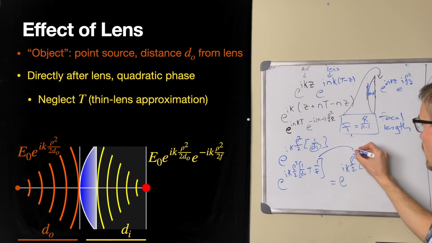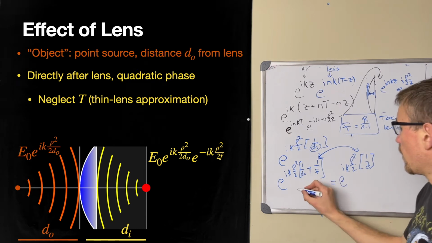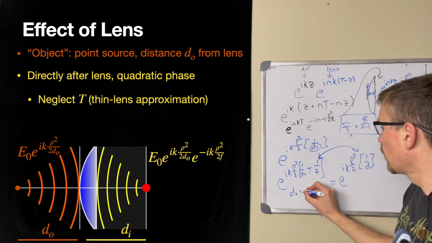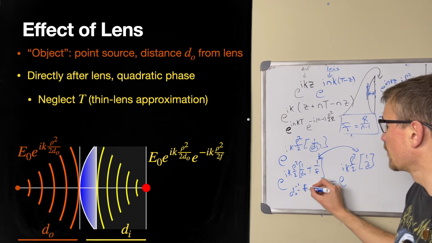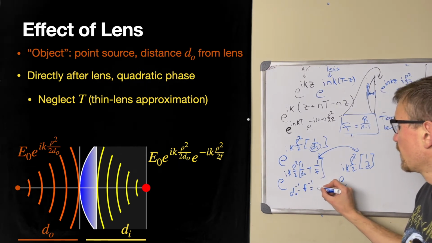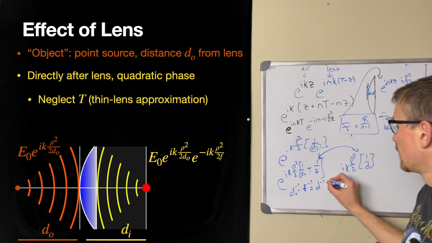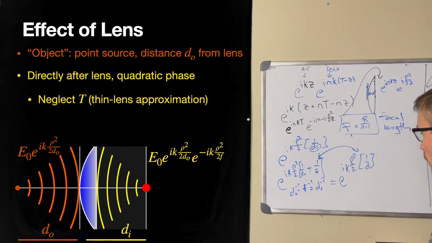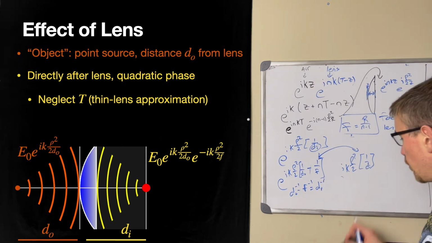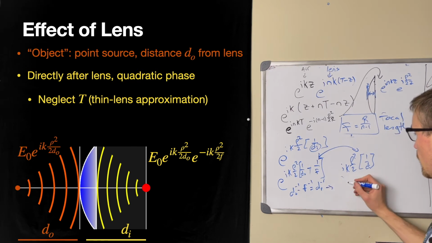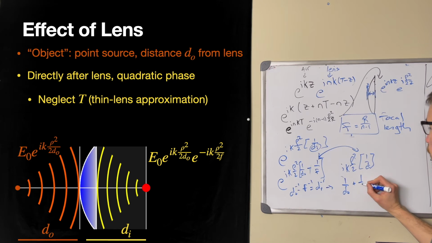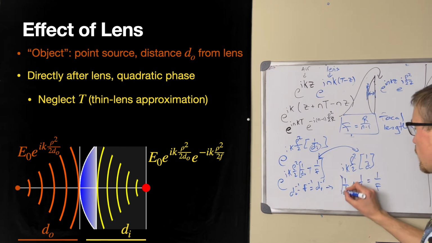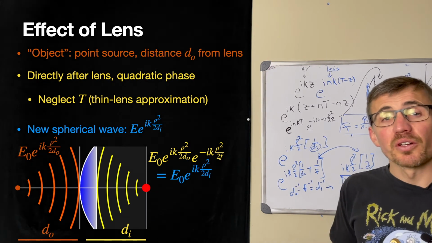Comparing these two terms, we have inverse d object minus inverse focal length is equal to inverse image length. Or, put a little more succinctly, 1 over d object plus 1 over d image is equal to 1 over the focus. So we have a new spherical wave.